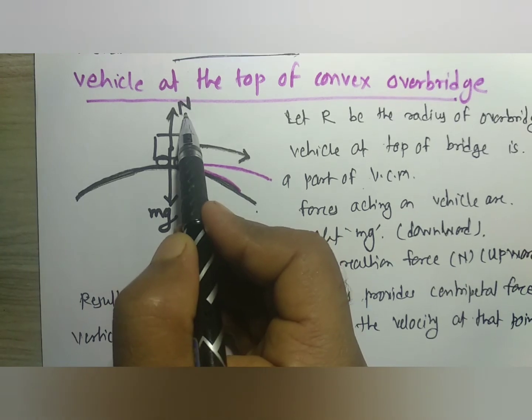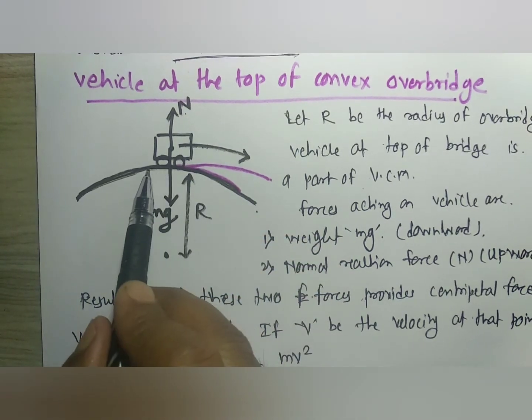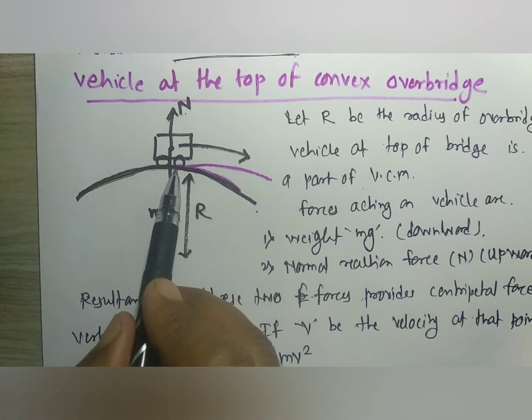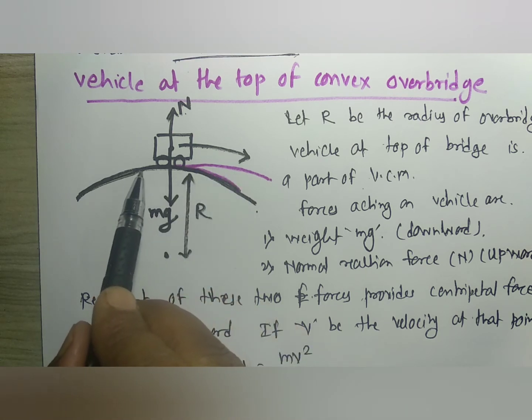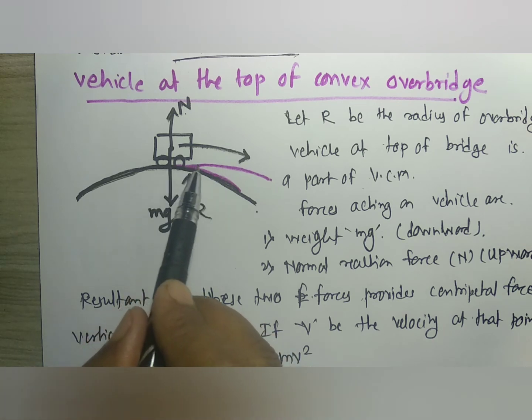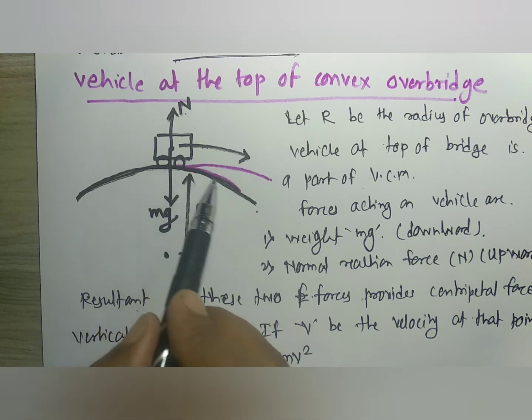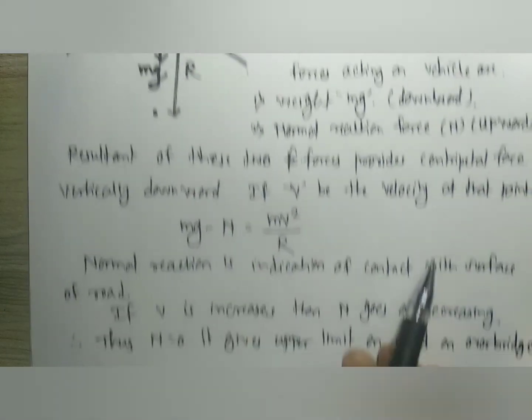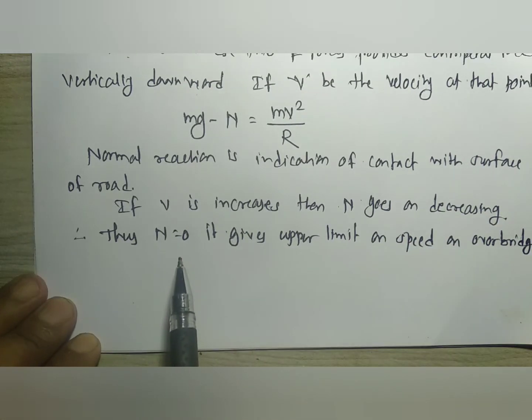At that time, normal reaction becomes 0, and we are moving through air like a hero performing a stunt in the movies, and your vehicle moves like that one. It is not moving in this way, and therefore normal reaction N is equal to 0.